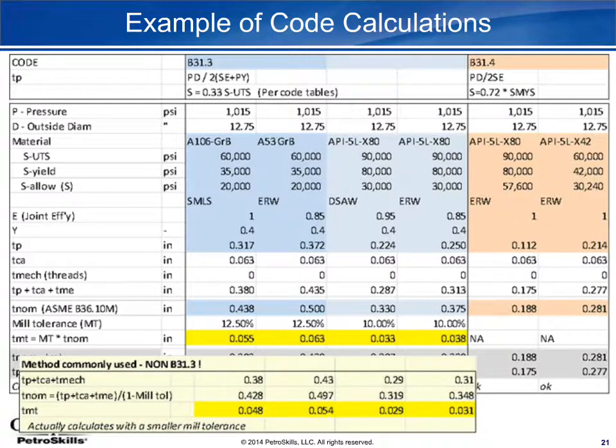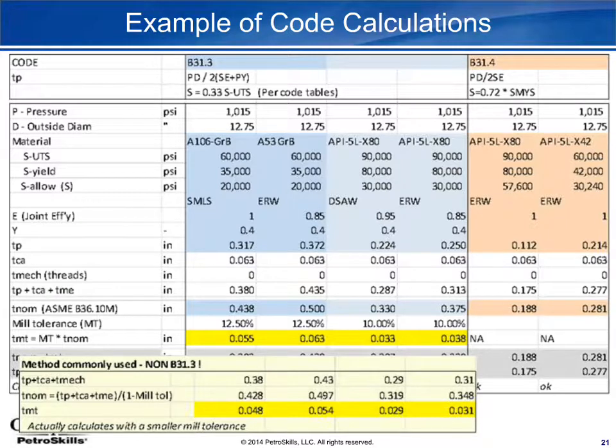You can see my first columns here, A106 grade B and A53 grade B, and then the lighter blue color is API 5L X80. You can see the 80,000 pound yield stress on that material compared to the 35,000 pound for grade B materials, and the variation in joint efficiency across all those materials, looking at the blue section at this point.